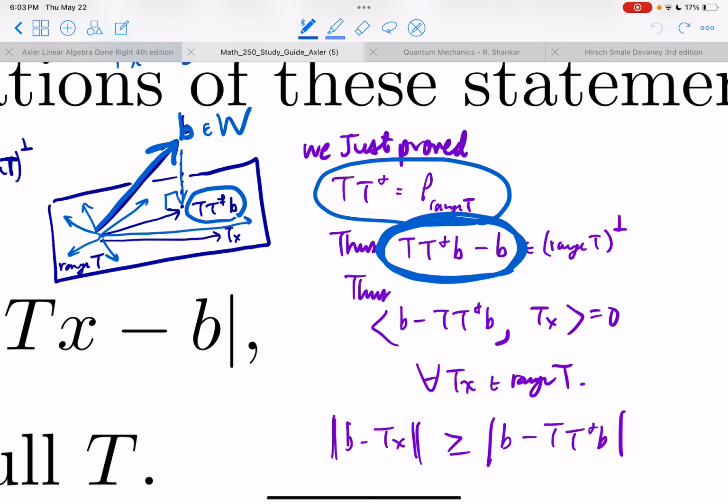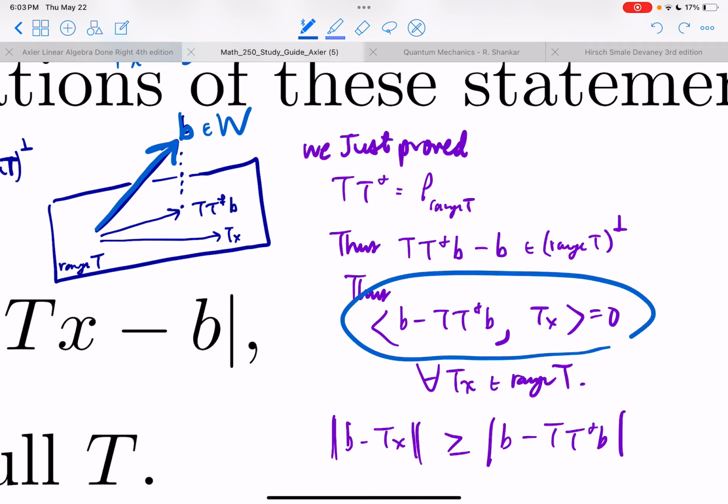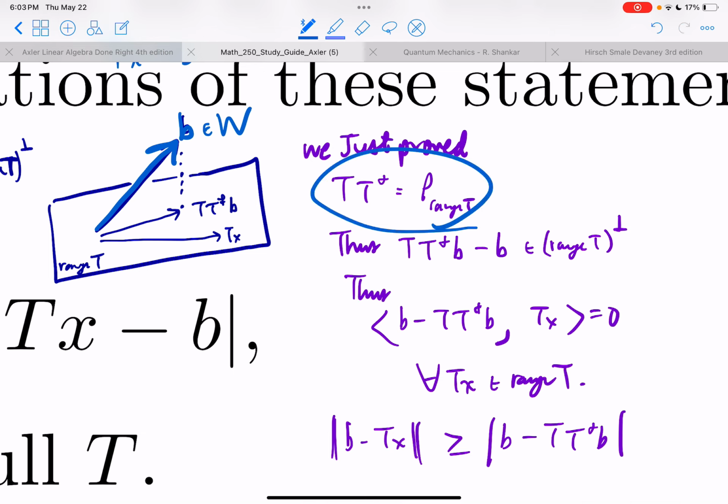But that means if you take any other Tx and you do their dot product, you get 0. Okay, in other words, this formula right here, which follows because this just projects b onto the range, means that if we take any other Tx, like that one, and we form this triangle, it is a 90-degree triangle.